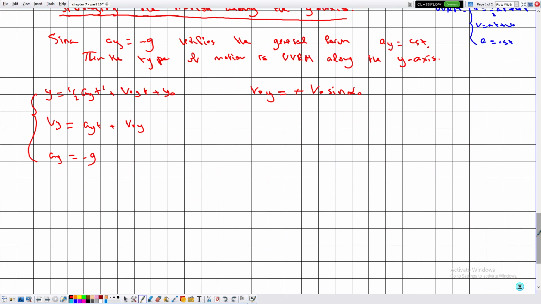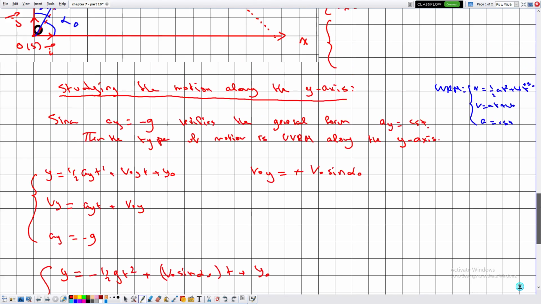So now we have determined everything. So in this case, we can rewrite these equations in the following form: y is equal to minus half g t square plus v0 sine alpha 0 multiplied by t plus y0. Vy is equal to minus gt plus v0 sine alpha 0, and ay is equal to minus g, and we are done. Okay, and let me write the equations of this projectile here.